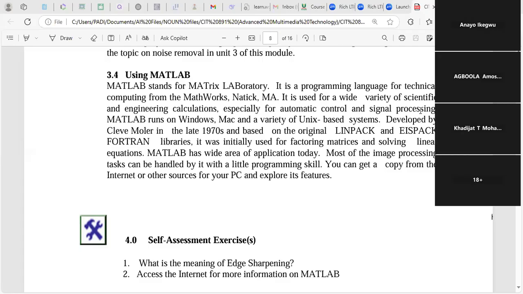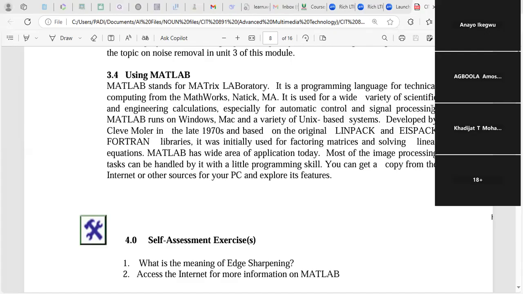MATLAB dates from the late 1970s, so it is as old as some of us talking. It has wide areas of application today. Most image processing tasks can be handled by it with little programming skill. You can get a copy from the internet or other sources for your personal computer and explore its features.